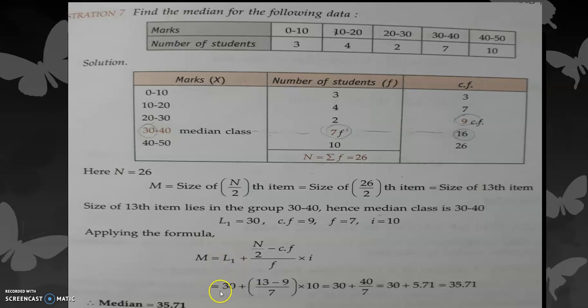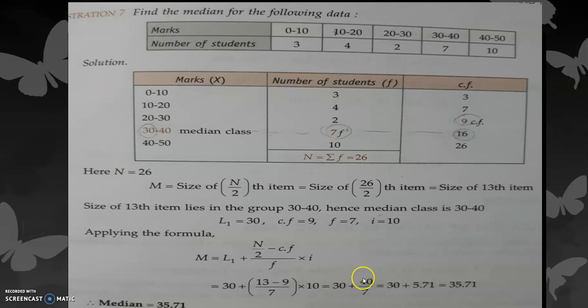That means L1 is the lower limit of the median class, that is L1 is equal to 30 plus n by 2 minus CF. n by 2, here 26 divided by 2 is equal to 13. 13 minus CF, here 9, divided by F is equal to 7, the frequency of the median class, 7 into class interval 10.